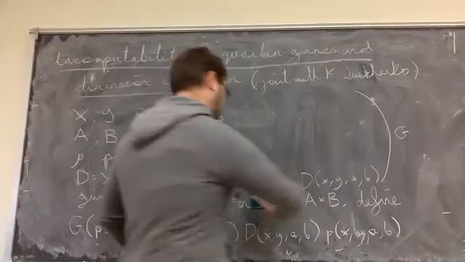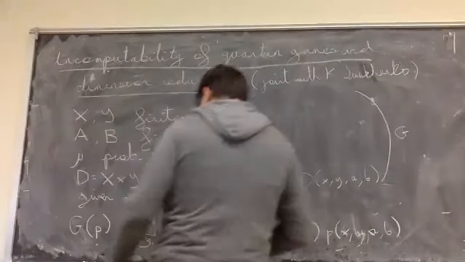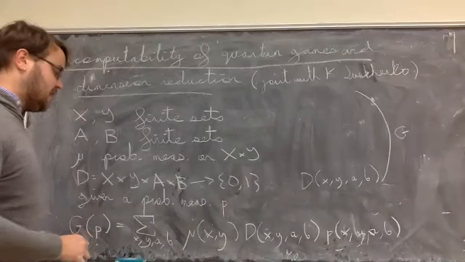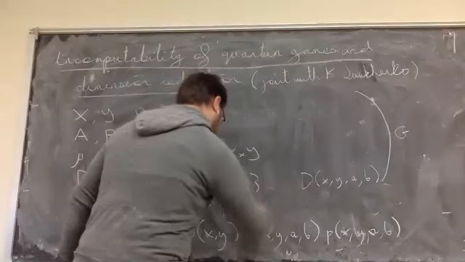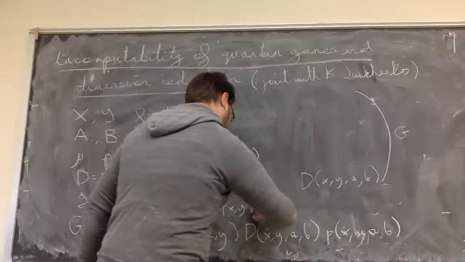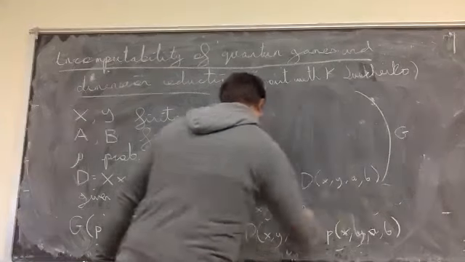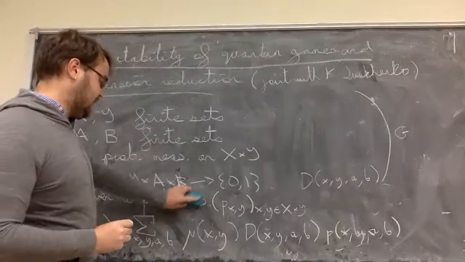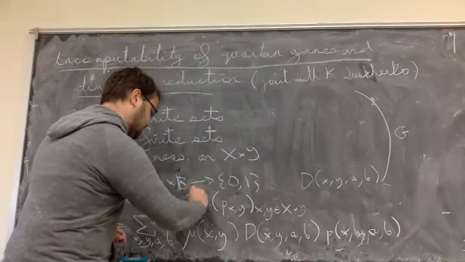What we should input to the game to evaluate it should be a family of probability measures indexed by x and y in X times Y. Let's call this object P bar.